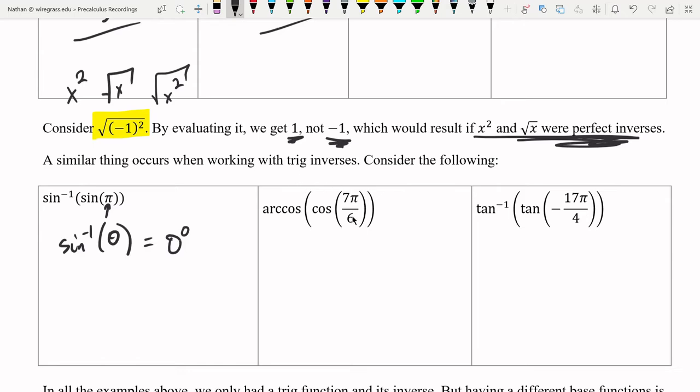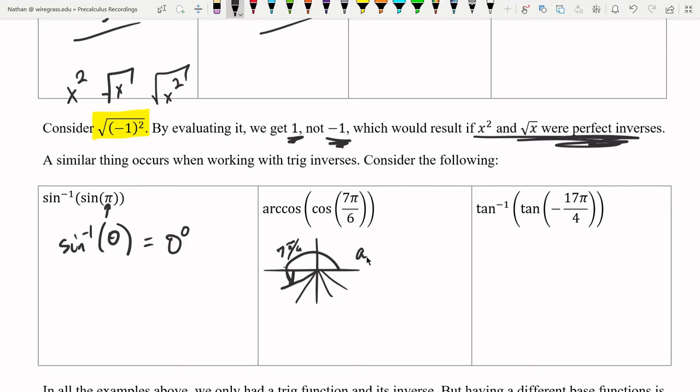Okay, cosine of 7 pi over 6. 7 pi over 6 is 6 pi over 6 plus 30 degrees past that. Just like here, this is 7 pi over 6, and the cosine of that is going to be, well, the x is going to be negative root 3 over 2.